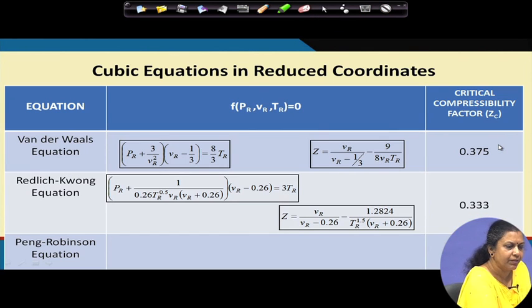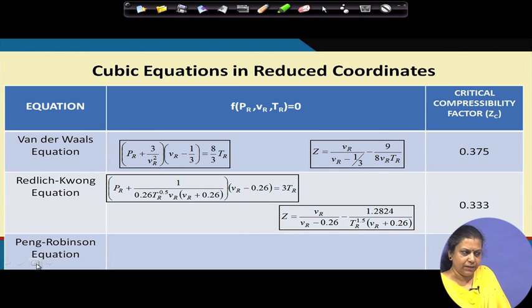More or less, we find that Zc is obtained as a unique value, which is 0.375 for the van der Waals equation, 0.333 for the Redlich-Kwong equation, and 0.3 from the Peng-Robinson equation of state.